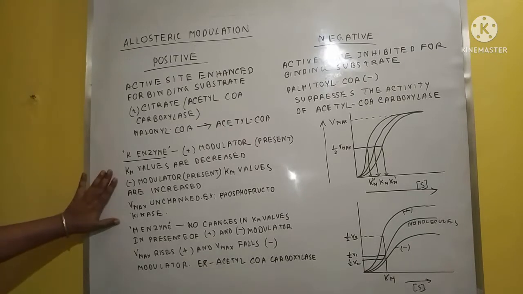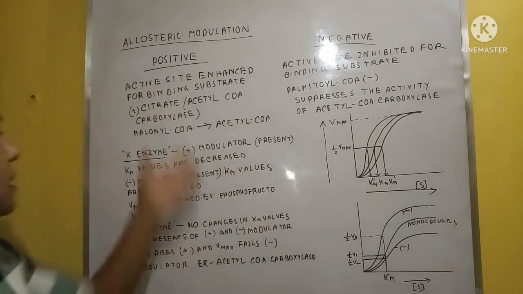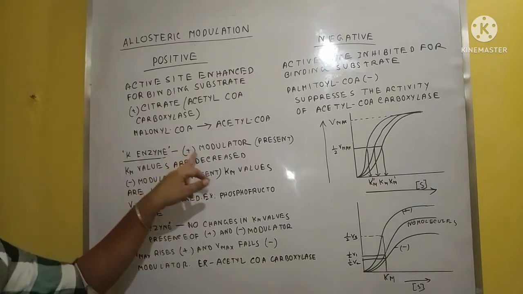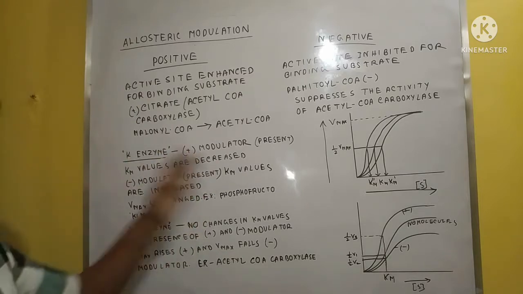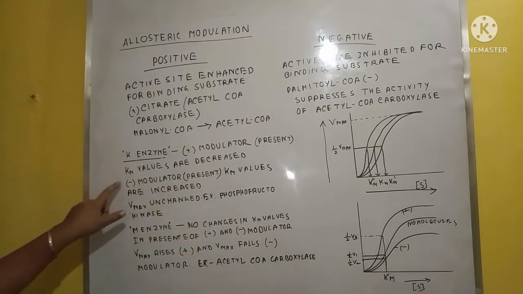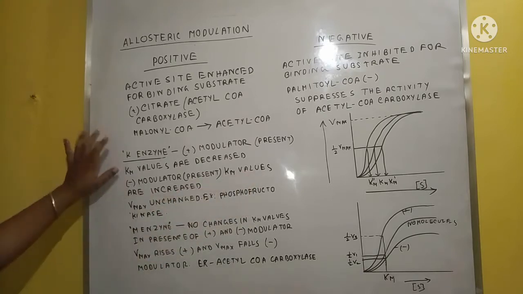So these are two types of enzymes. One is K enzyme and another is the M enzyme. I think you can understand. I'll summarize this K enzyme and the M enzyme again. When the positive modulator is present, then the Km value decreases, but when the negative modulator is present, then the Km value increases in case of K enzyme.